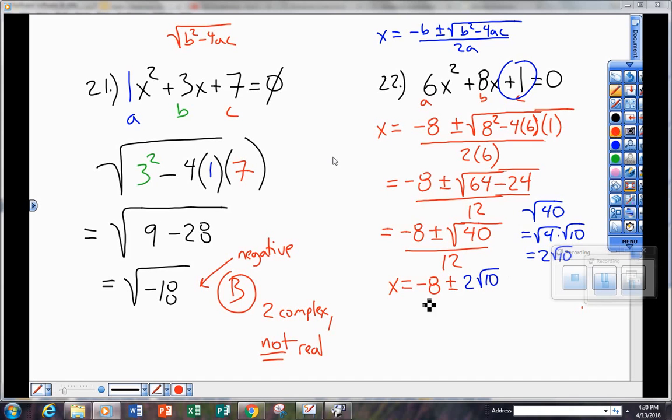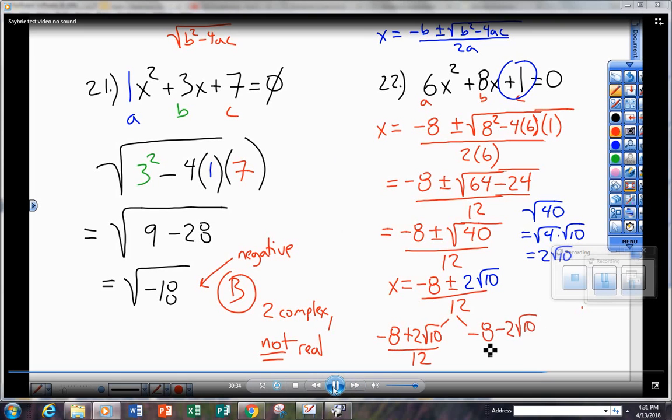I'm going to break that up into its two answers. One answer is negative 8 plus 2 root 10 over 12, and the other answer is negative 8 minus 2 root 10 over 12. And remember, you need to simplify this.